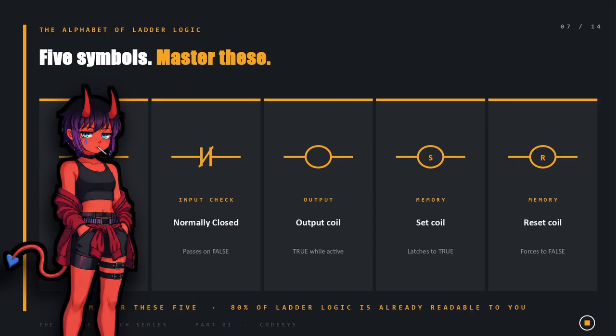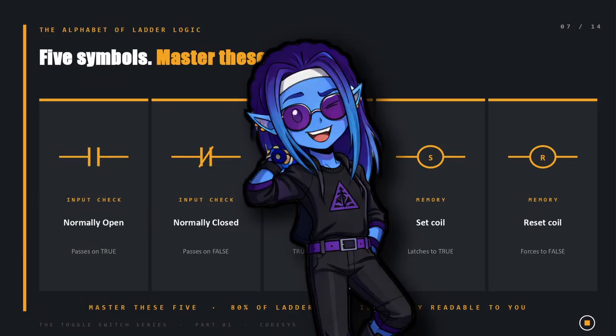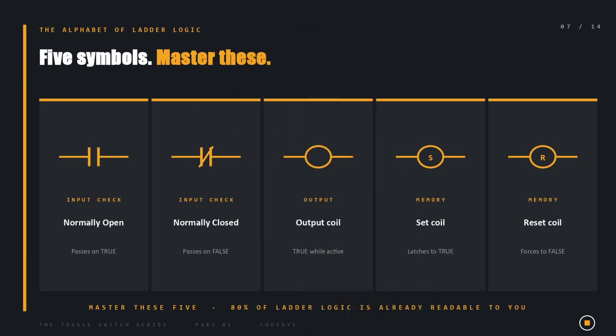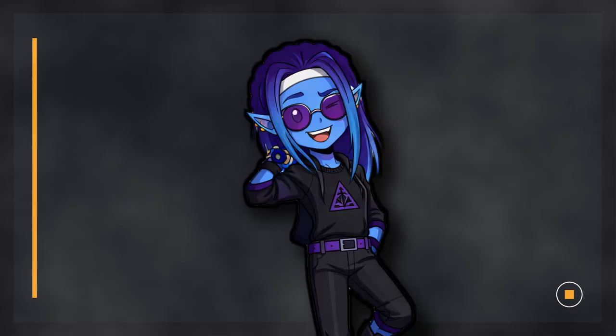A set coil latches, stays true even if the rung turns off. A reset coil forces it back to false. That's how we build memory. And memory is how we build toggles. But that's part 2. Master these 5 and 80% of ladder logic is already readable to you. Okay, now we can open Codesys.